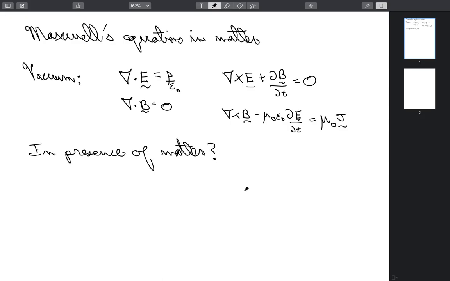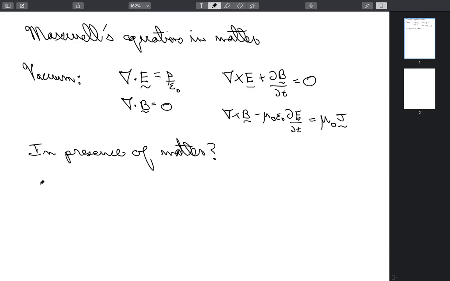Well, the first point to re-emphasize is that these are still correct. The only point we're making here is that if you do have matter, we've seen some simplified description of the pieces of matter that you might have in terms of their polarization and magnetization.